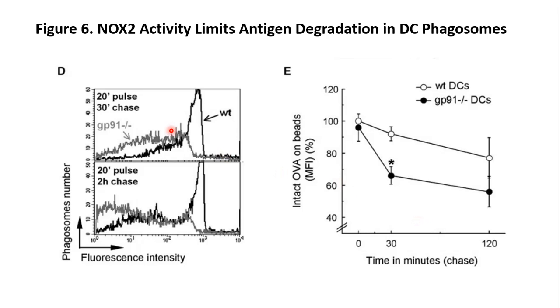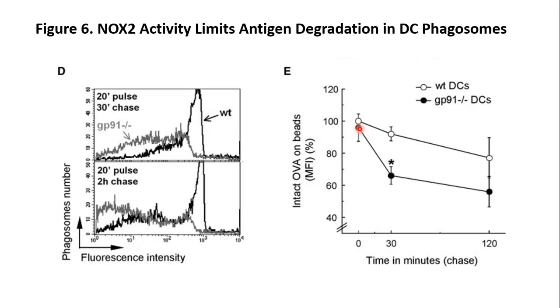In this figure 6D, you can see that in gp91phox deficient DCs the phagosomal pH is more acidic. The degradation of bead-bound OVA was accelerated as compared to wild-type DCs. It started really earlier than in wild-type DCs, shown in the fluorescence intensity histogram. And you can compare the intensity of beads.